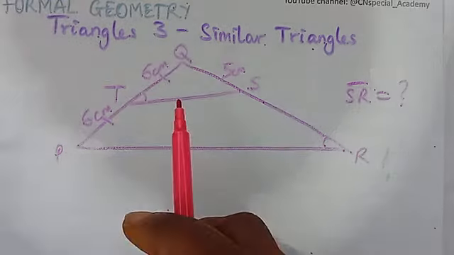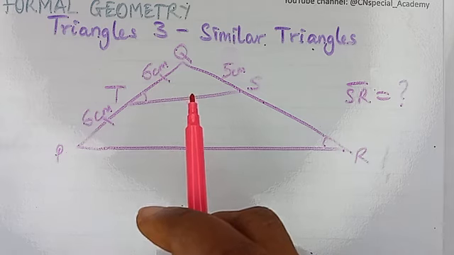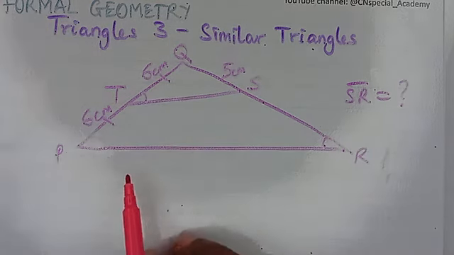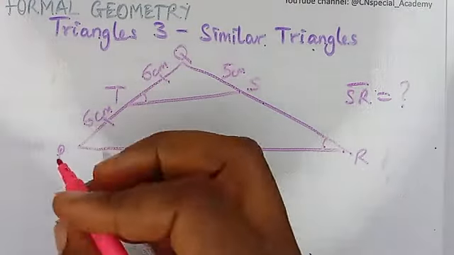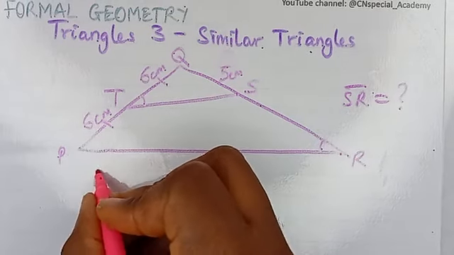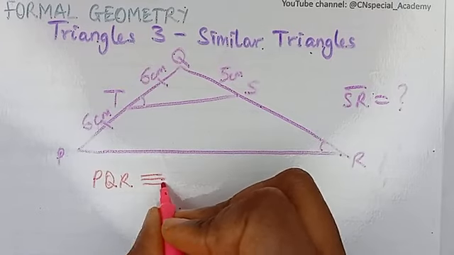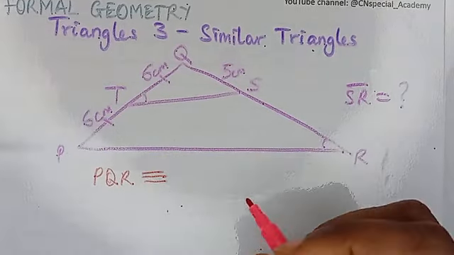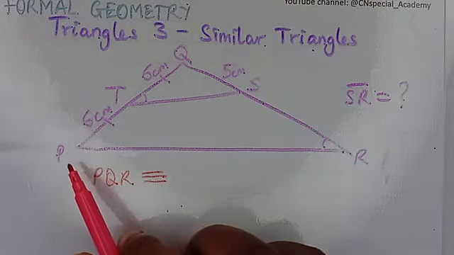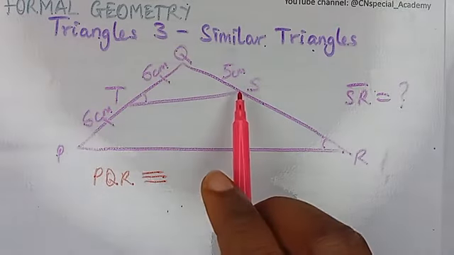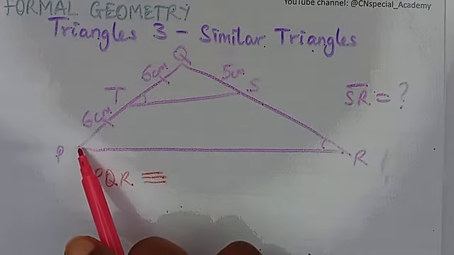Okay, so the first thing we do with similar triangles is to name them accordingly. So let's start with the big one. We could name it alphabetically, PQR. So we say that triangle PQR is similar to the smaller one. Now let's be careful to name the smaller one. We said P, meaning this angle not shown corresponds to this angle not shown.